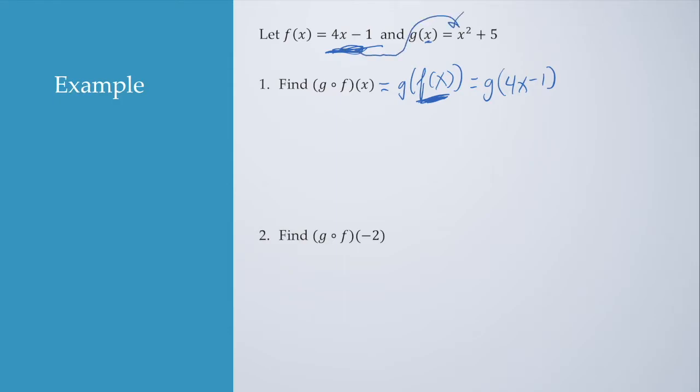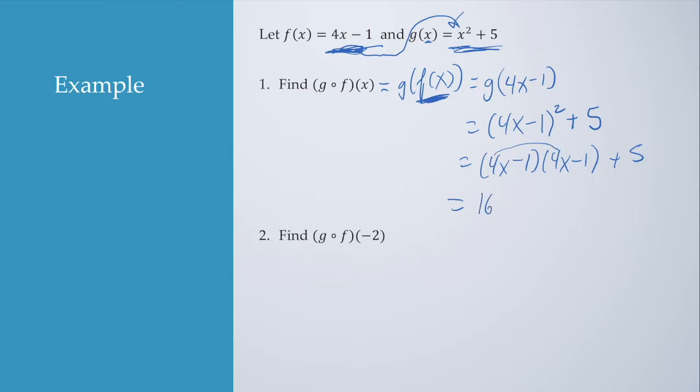So that means I have 4x minus 1 squared plus 5, because g of x was x squared plus 5. Remember, I can't just distribute that square. I do have to FOIL. So I have 16x squared minus 8x plus 1 plus 5. My final answer is 16x squared minus 8x plus 6.